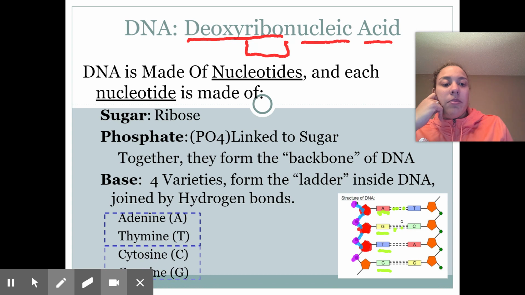So those hydrogen bonds go between their bases. We should also recognize our base pairing process of A's pairing with T's, G's pairing with C's, always, always, always. And then we can see the same thing on this side with our backbone of sugar, phosphate, alternating back and forth.